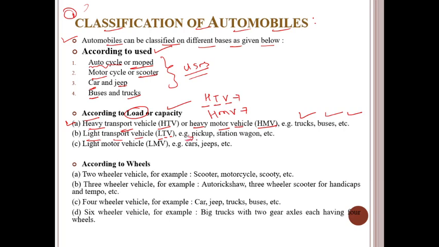In that category we have pickups and station wagons. These are examples of LTV.